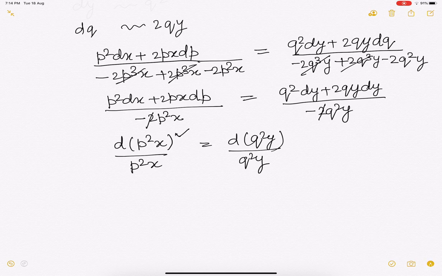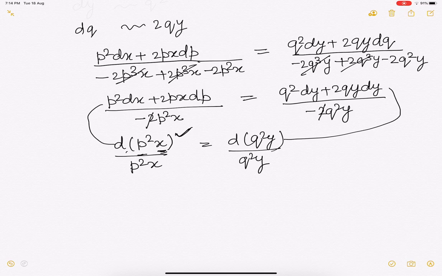Numerator is the exact differential of the denominator, because when we differentiate with respect to x we get p square dx. See this, it is p square dx. Similarly, when we differentiate with respect to p, we'll get 2px dp. And same with q also.